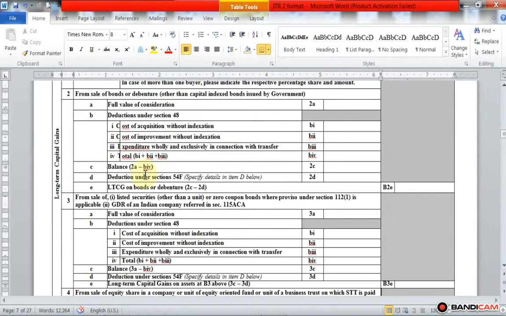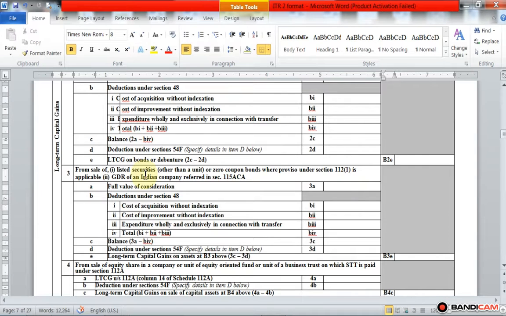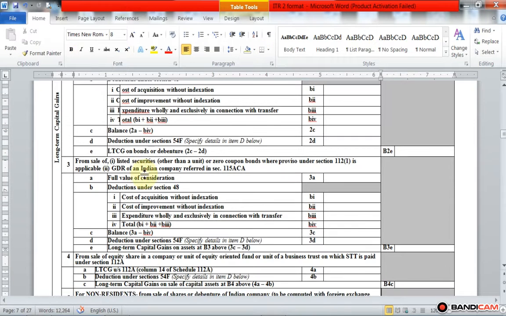So the computation of long-term capital gain is the same as the computation of short-term capital gain. We already discussed short-term and long-term capital gain, and we again revised them.